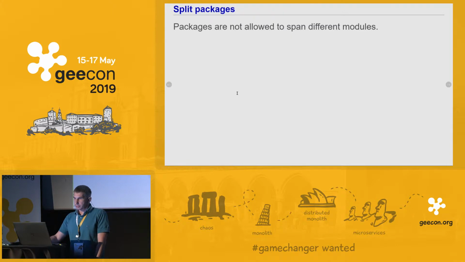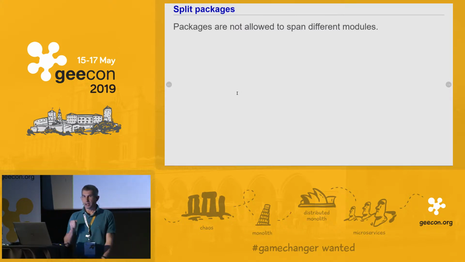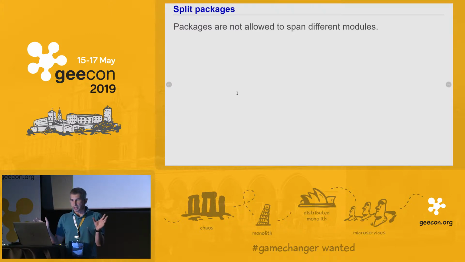Let's talk a bit about split packages. A package with the same name is not allowed to appear in two different modules. But sometimes we have the situation where two different artifacts contain the same package. How can we deal with this situation?